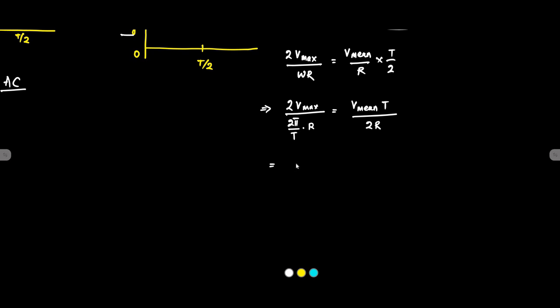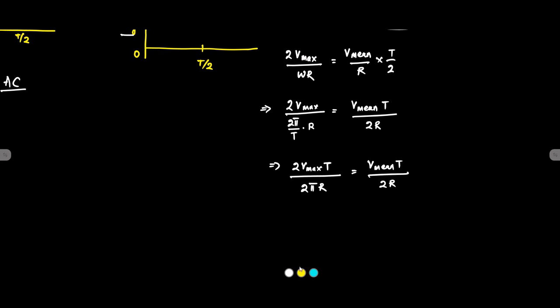That implies 2 V max T by 2 pi R is equal to V mean T by 2R.